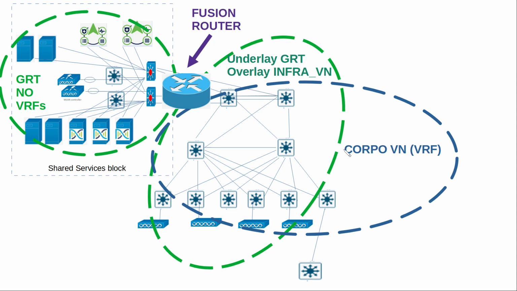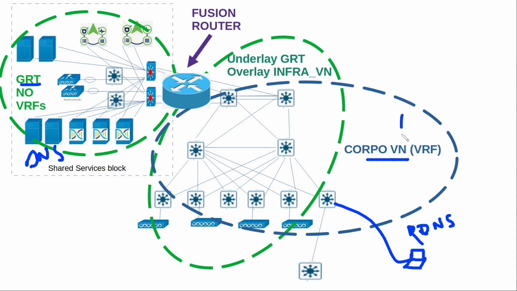In that case, I will have devices that will be assigned IP addresses that live within a virtual network. For instance, if this device wants to communicate with the DNS server, we have a problem, because my DNS server lives in the global routing table and this device's IP address lives inside a virtual network.